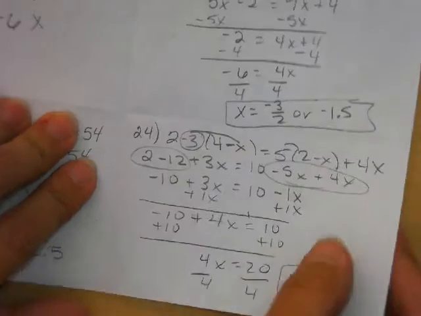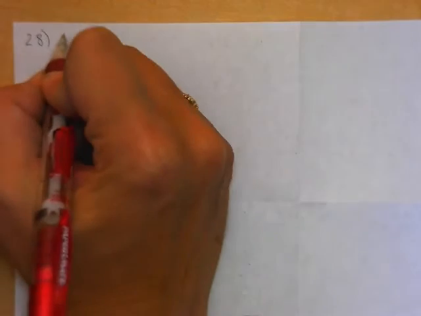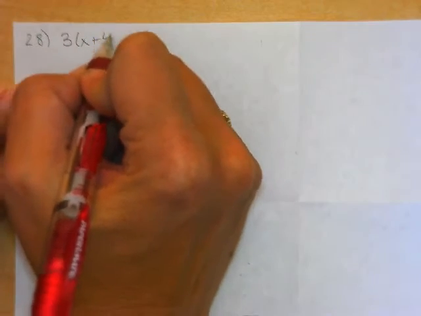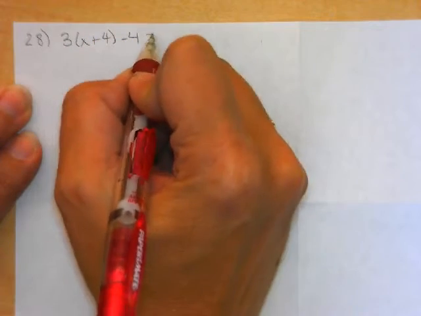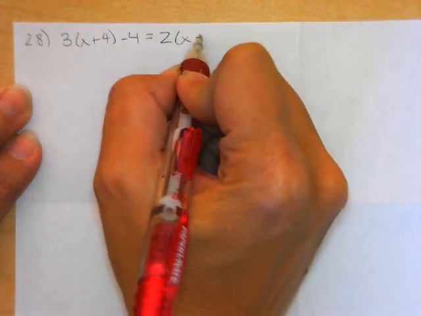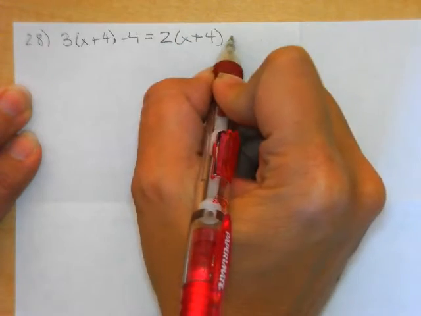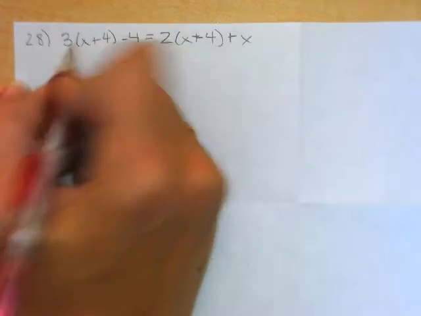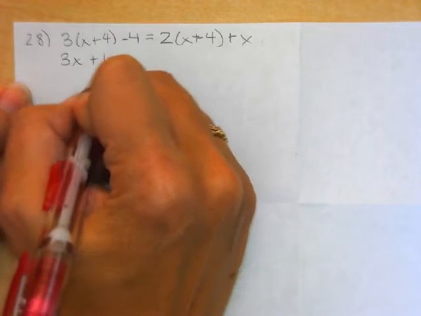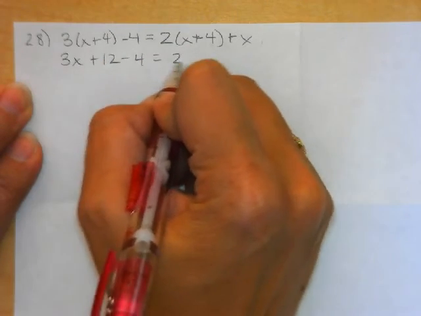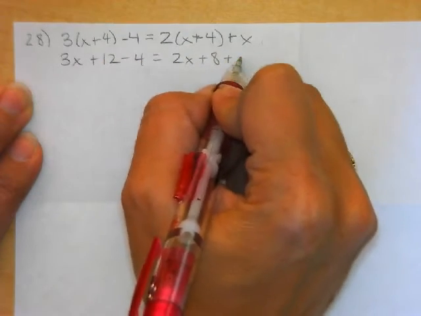As I look at 28, 28 says identify one solution, no solution, or infinite solutions. You will have some questions on that. So again, you're going to have to make sure that you are working through this very cautiously. All right, we're going to have to distribute 3x plus 12 minus 4, 2x plus 8 plus x.